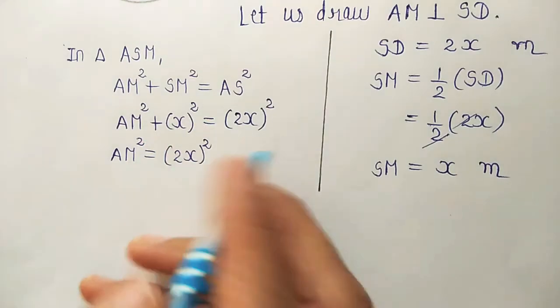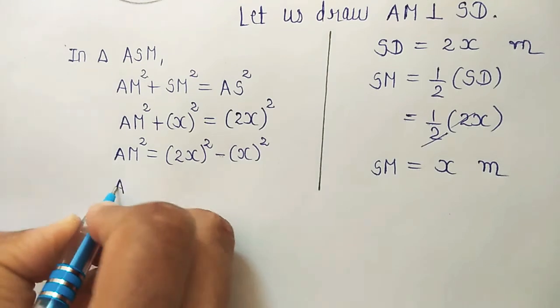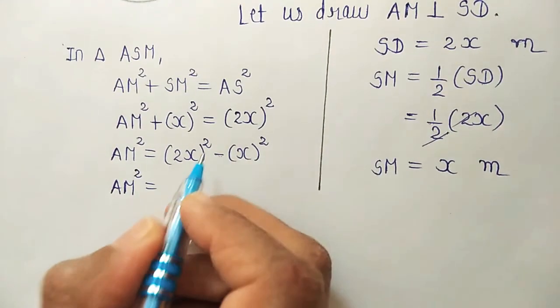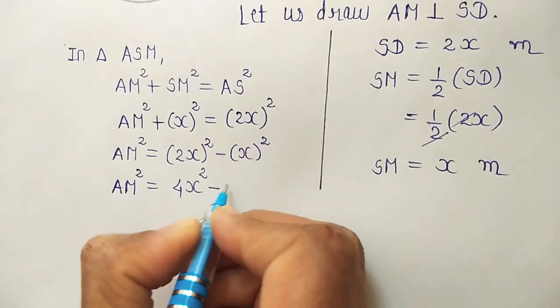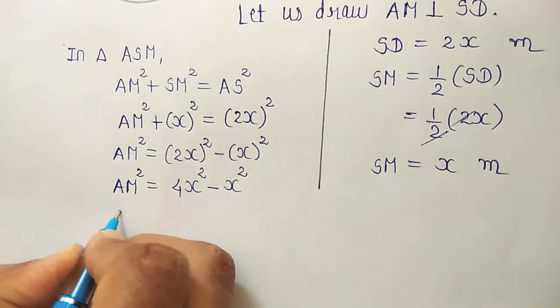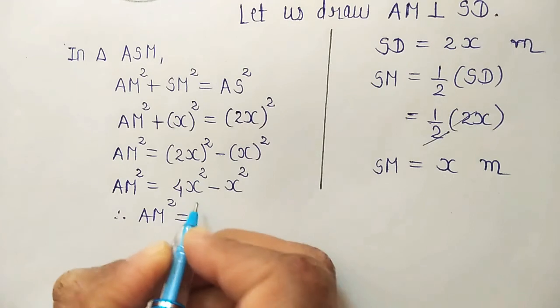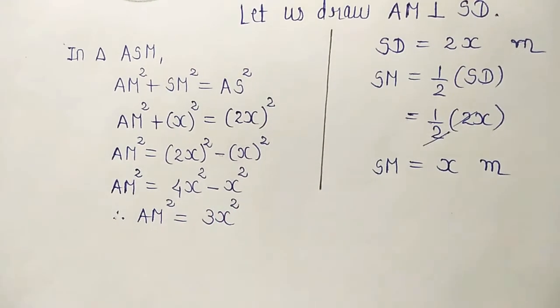This x square will go to this side and become minus x square. 2x square is 4x square minus x square. Therefore, AM square is equal to 4 minus 1, 3x square.